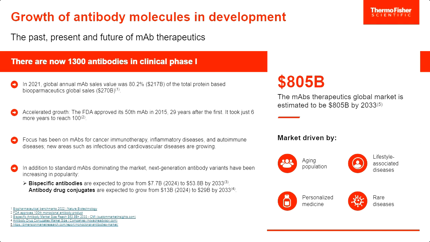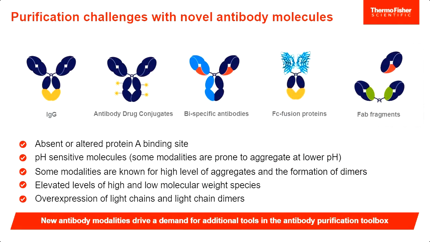So taking a look at the kinds of molecules we're talking about, apart from your standard mAb, there are IgGs obviously with an altered FC region, FC fusion proteins, bispecifics, Fabs, and ADCs. We know that working in this type of diversity of modalities, there could be issues with purification.